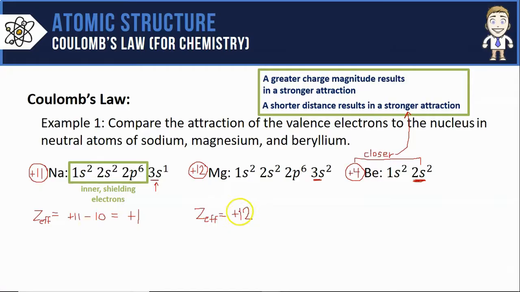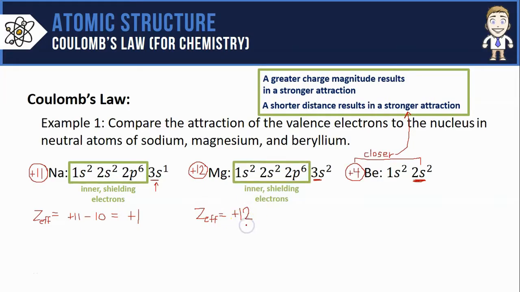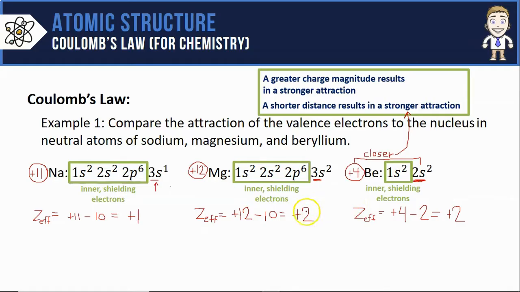The magnesium atom has a +12 nuclear charge with the same 10 shielding electrons. Subtracting them out gives me an effective nuclear charge of +2 in magnesium. And in beryllium, we've got a +4 nucleus with only 2 shielding electrons. Subtracting those out gives me an effective nuclear charge of +2. And now I can see that magnesium and beryllium both have greater charge magnitudes, suggesting a stronger attraction.